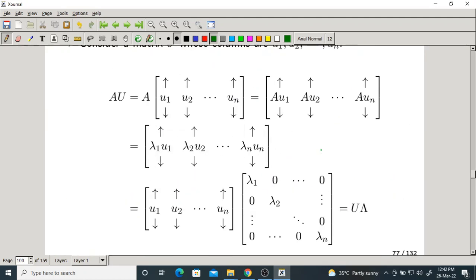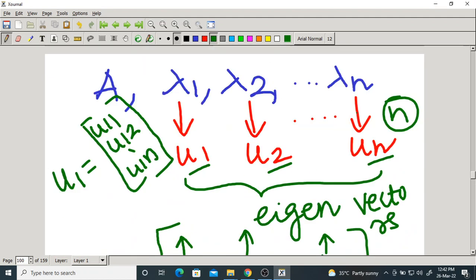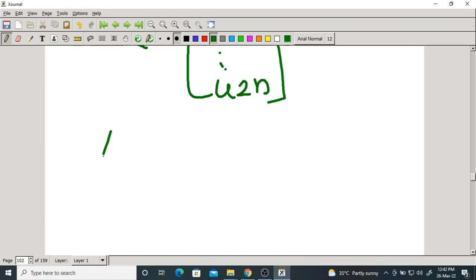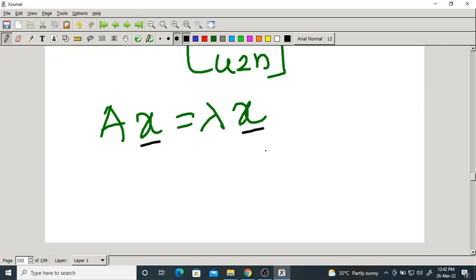Now let us define AU, A into U, matrix multiplication. You take A inside. Furthermore, Ax equal to lambda x, you know. x are eigenvectors, lambda is eigenvalue.